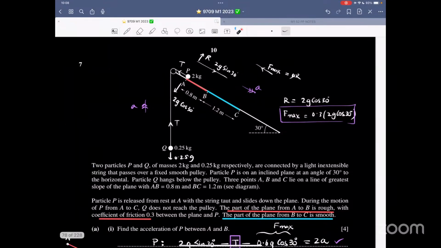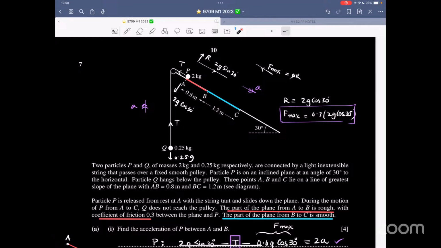First of all, focus on the resolution. Focus on all the forces over here. The particles are there. Q has a mass of 0.25 kg. So therefore, we have this thing.